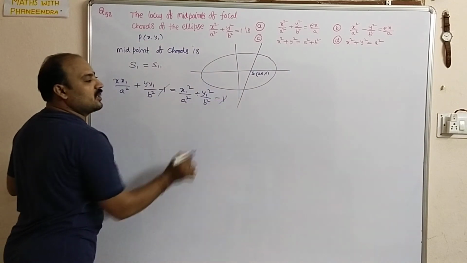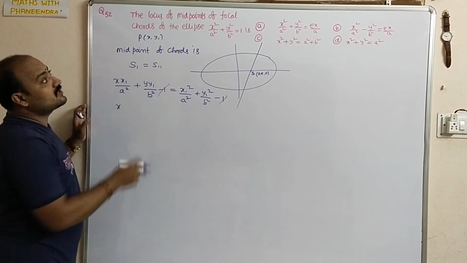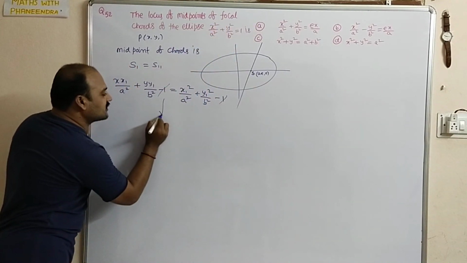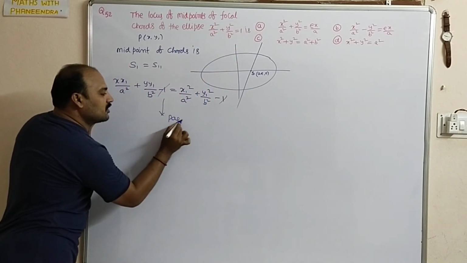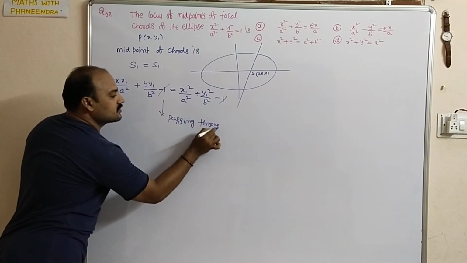Both sides minus 1 get cancelled. After that, midpoints of the focal chords they are saying. That means this chord is passing through the focus.